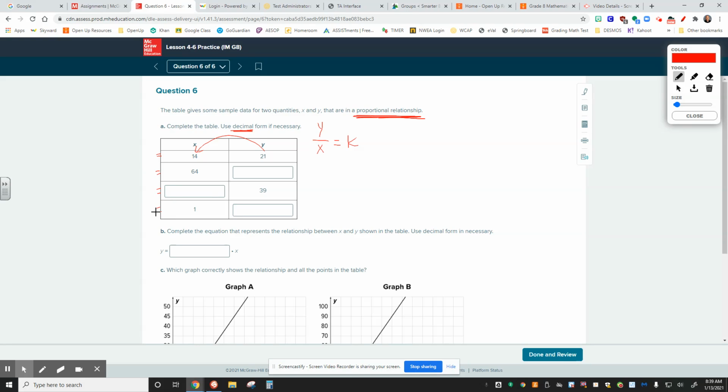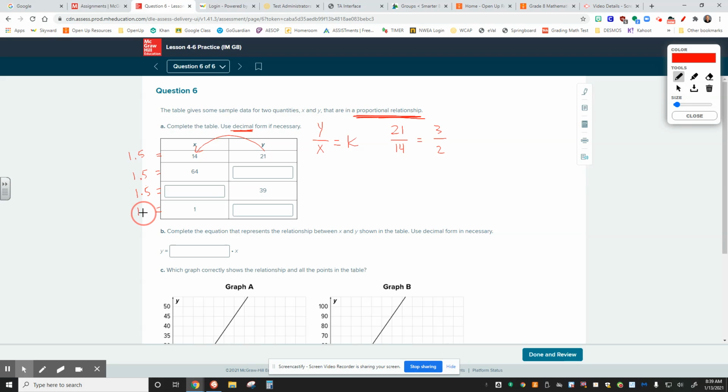So what we're arriving at as a base is 21/14, which can simplify down, divide both of them by 7, to 3/2. And so that means that y divided by x has to be equal to 1.5, or 1 5/10, all the way through.